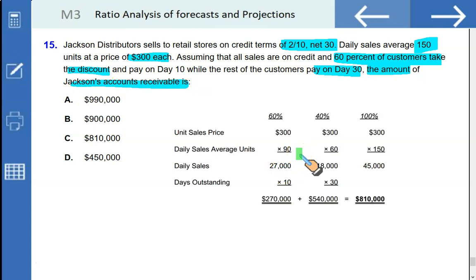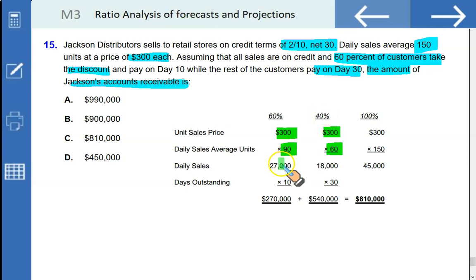Okay. Now look at this. Our selling price is 300. Our daily unit sale is 150, out of which 60%, that is 90 units, is for the customers who pay within the first 10 days, and the remaining 40%, that is 60 units, are sold on a daily basis to those customers who pay us after the discount period.